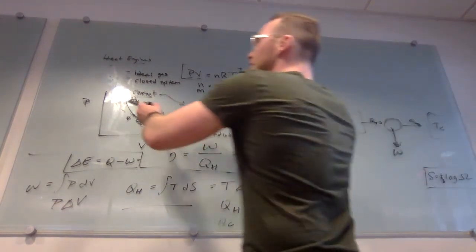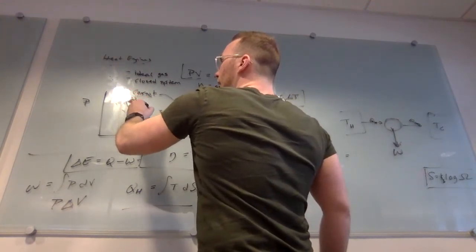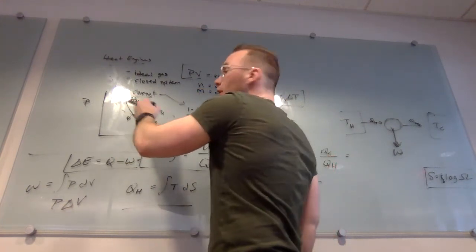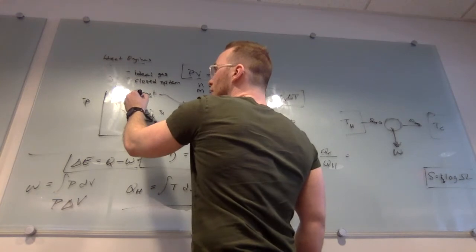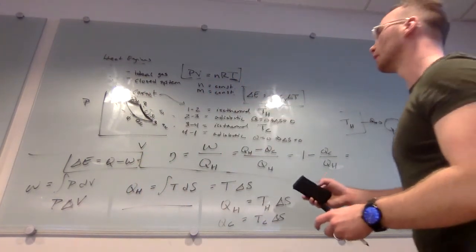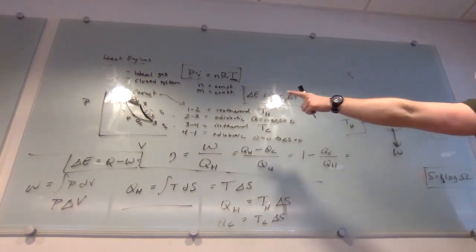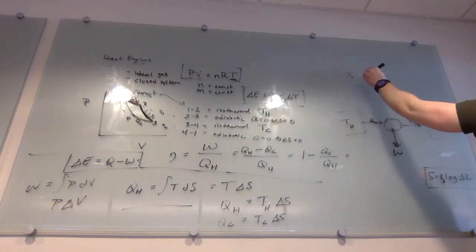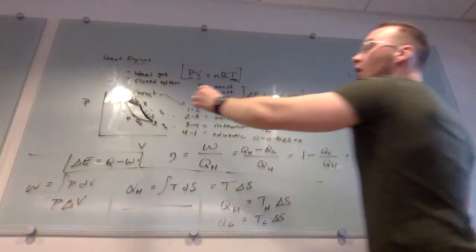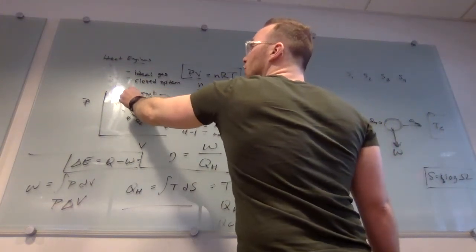The reason we know they're the same is because this has a certain entropy. If I call this S1, this is a constant entropy. There's entropy S1 at point 1, and S2, S3, and S4. Those are the four entropies at all the points. During Q hot, the entropy goes from S1 to S2.